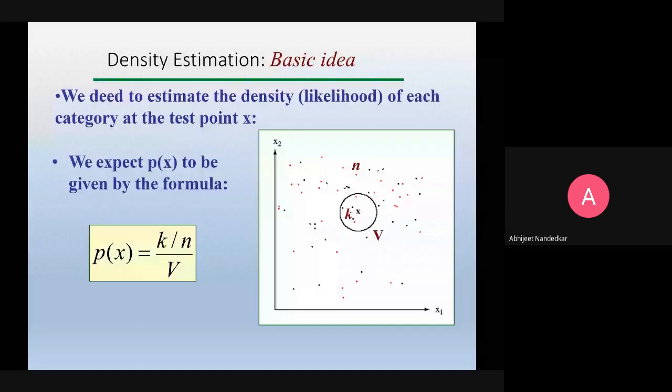Now we need to estimate the density or likelihood of each category at the test point x. That means suppose I take some other point. Say this is my x point.